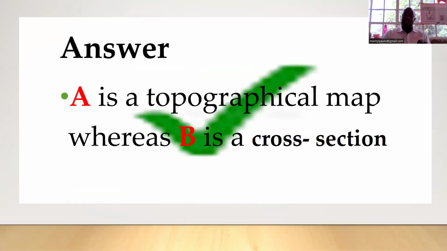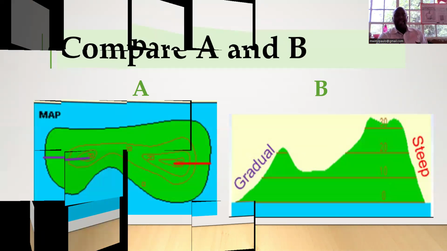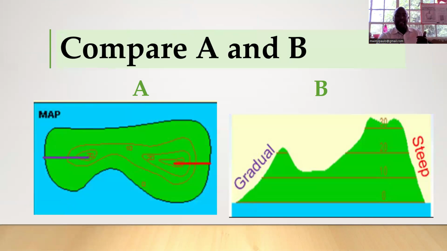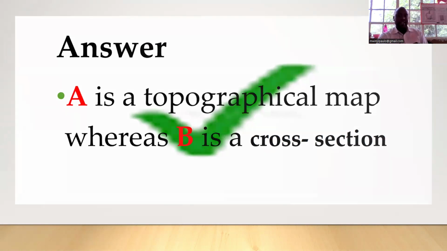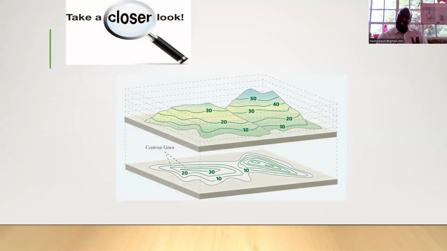What we saw as A, this is what was A. A is a topographical map, whereas B, let me show you B. B is a cross section. So that's the difference: A is a topographical map and B is a cross section. Have a look at this.